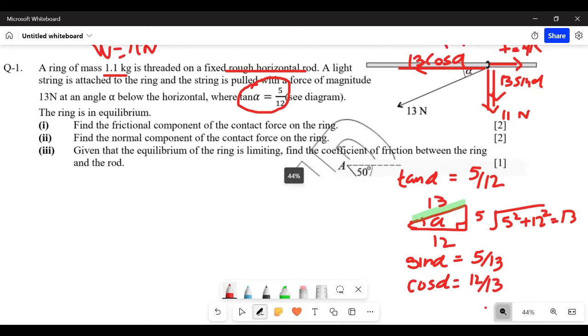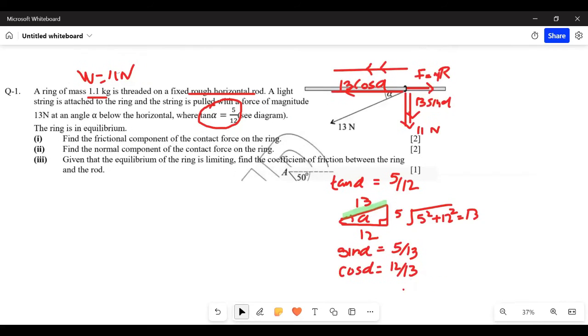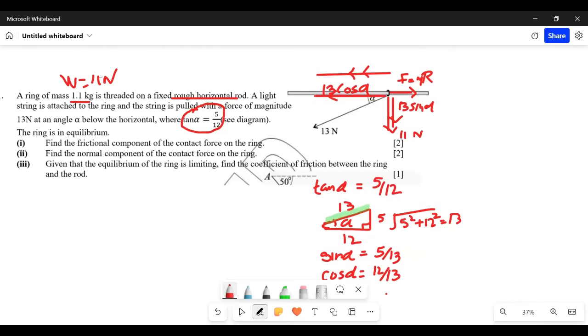So now, instead of 13 cos alpha, I'm going to write 13 times 12/13. And instead of sine alpha, I'm going to write 5/13.